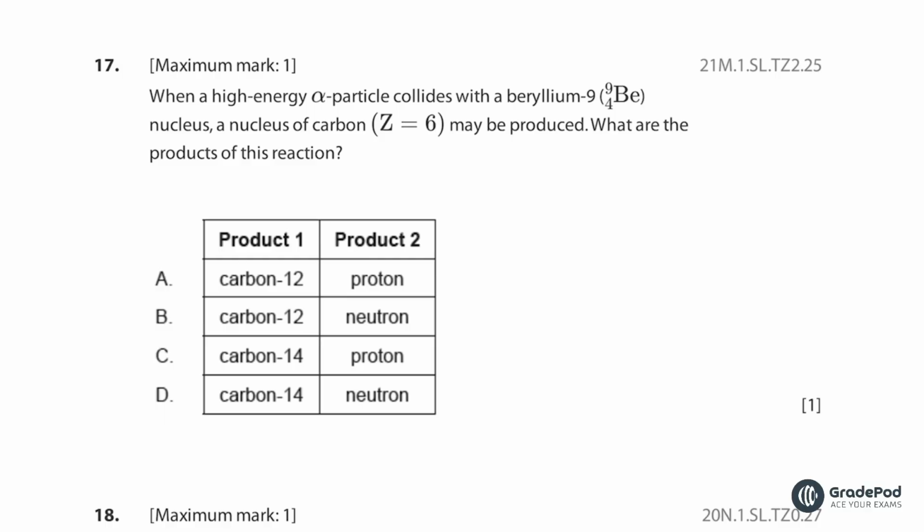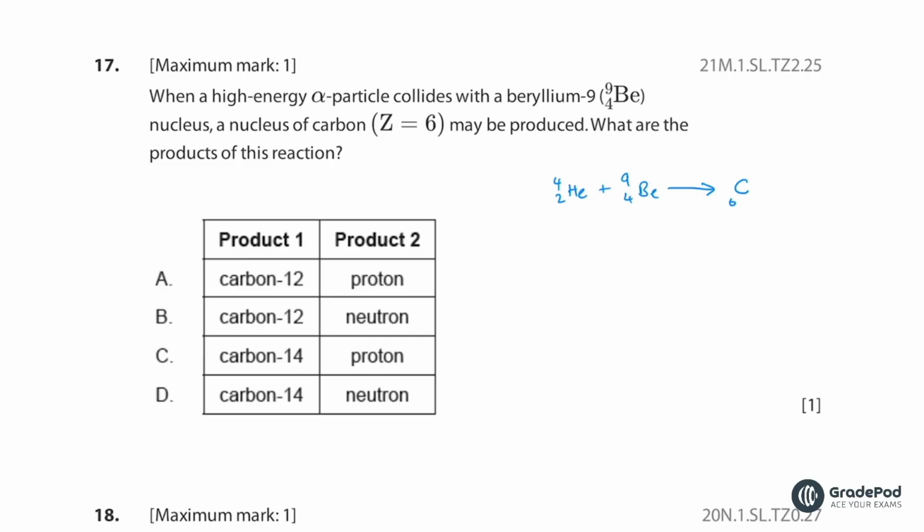Question 17. When a high energy alpha particle collides with a beryllium-9 nucleus, a nucleus of carbon may be produced. What are the products of this reaction? Oh, good. This gives us the opportunity to test our nuclear balanced equations. We have an alpha particle with beryllium-9, and we produce a carbon-6 and something else.